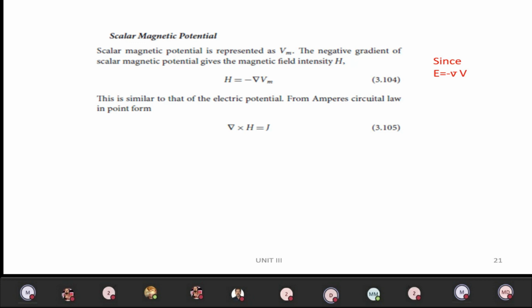The next one we can see is the scalar magnetic potential.